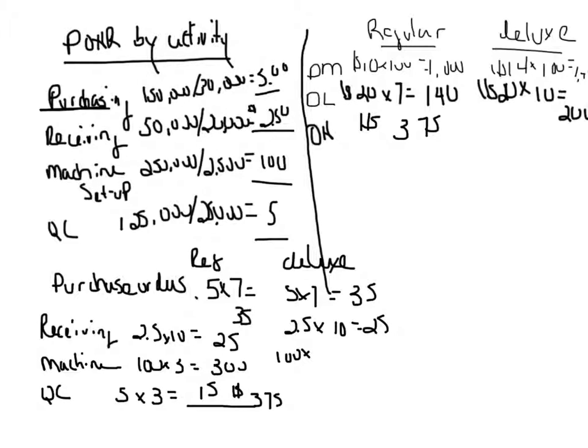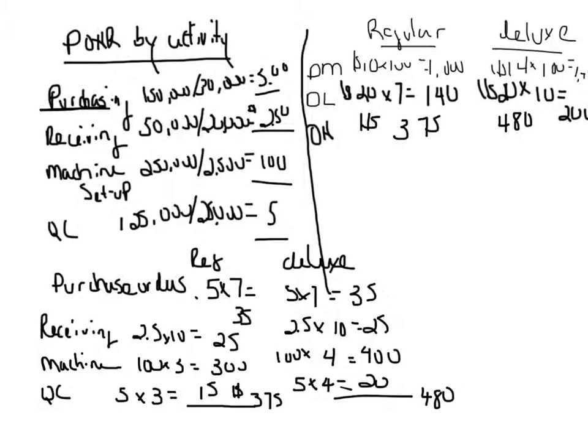And that was 400. And then for quality control, $5 per inspection. They had 420. So now what's the total for the deluxe pillows? 480. So that's what we're going to use as the overhead for the deluxe pillows.